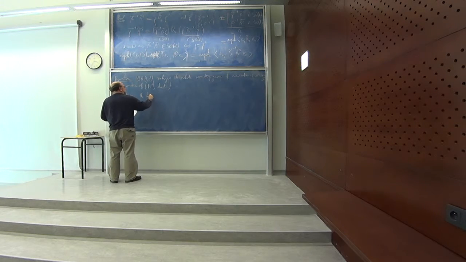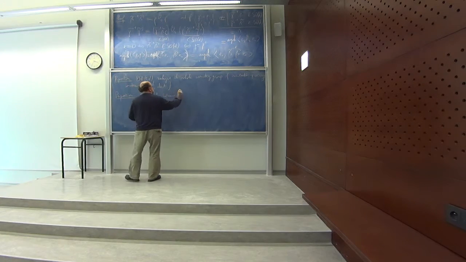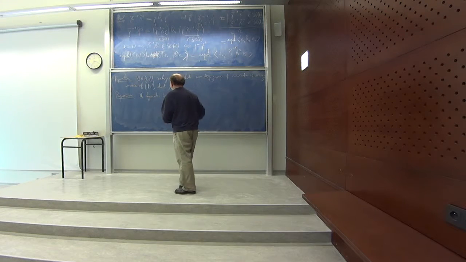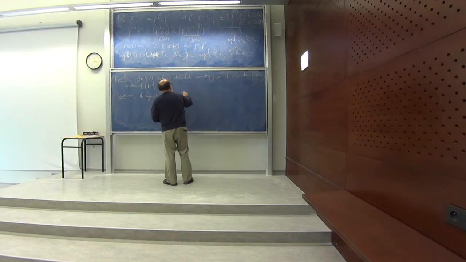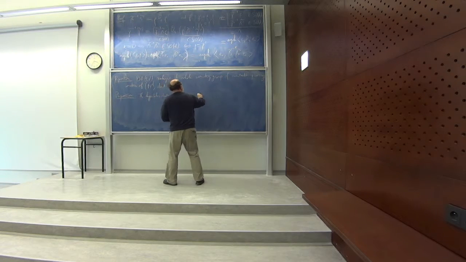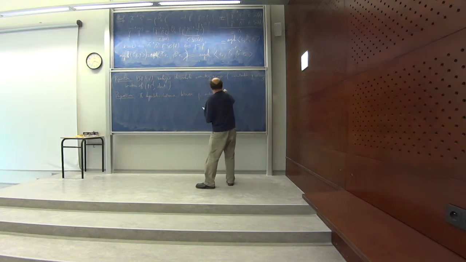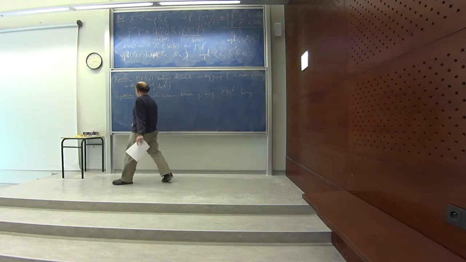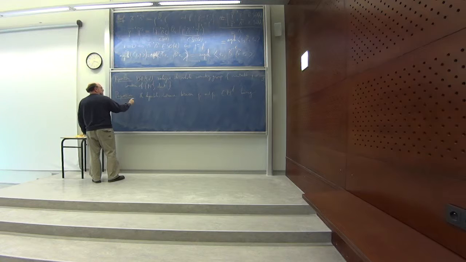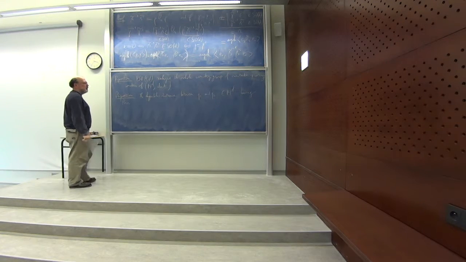The hyperbolic distance, in the Poincaré coordinates, between Q1 and Q2 in the hyperbolic space, having Poincaré coordinates. So I'm just expressing the hyperbolic distance in terms of Poincaré coordinates.